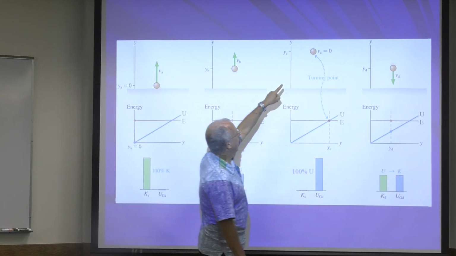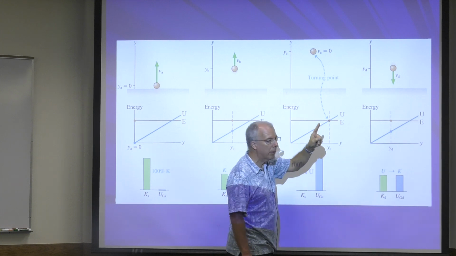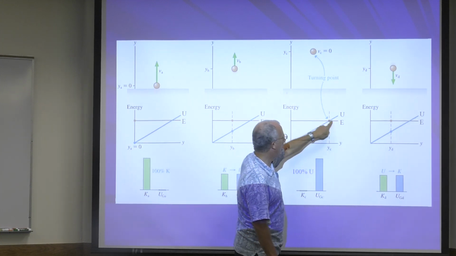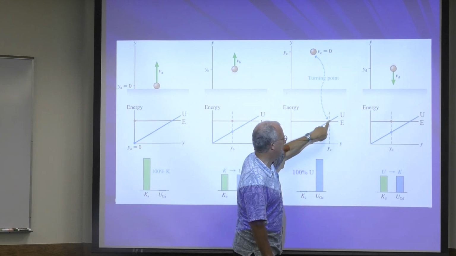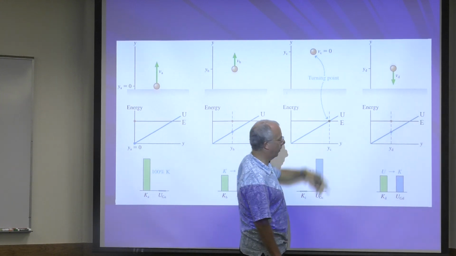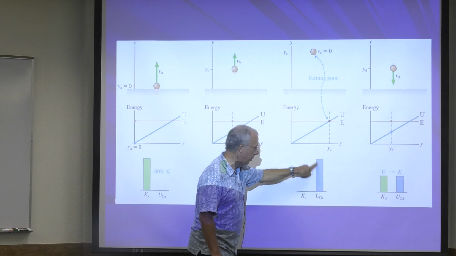And then we're at the turning point, right? So that means that the ball has stopped. So there's no kinetic energy. So the total mechanical energy is equal to the potential energy, right? There's no kinetic. Turning point. We talked about that a long time ago. So there's no kinetic energy, it's all potential energy.